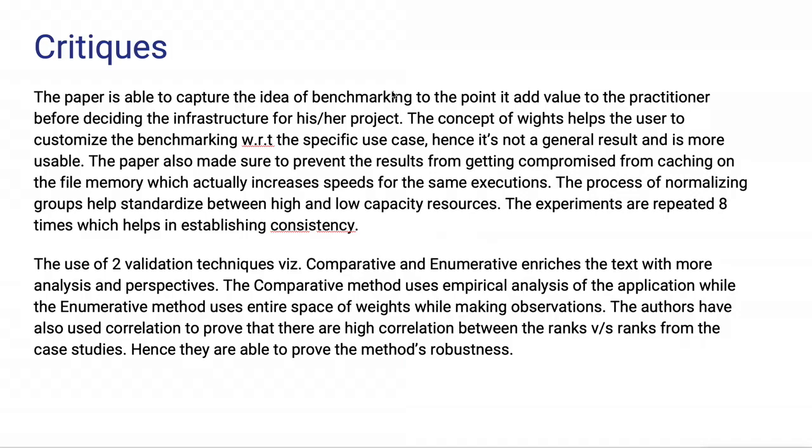For the critique section, this paper is able to capture the importance and provide a methodology to actually benchmark the VMs of our cloud compute resources to the point that it adds value to the practitioner before deciding the infrastructure of our project. Why is this important?